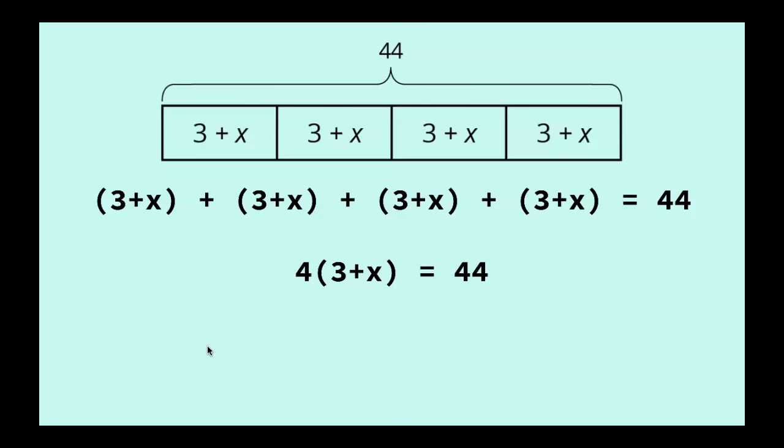Or maybe you added up the individual components and noticed that the 3, 3, 3, and 3 made 12, plus 4 x's equaled 44. Or maybe you did 44 divided by 4 and noticed that one of those sections was equal to 3 plus x. Again, there are a few other ways to write this problem too, but these are probably the most traditional.